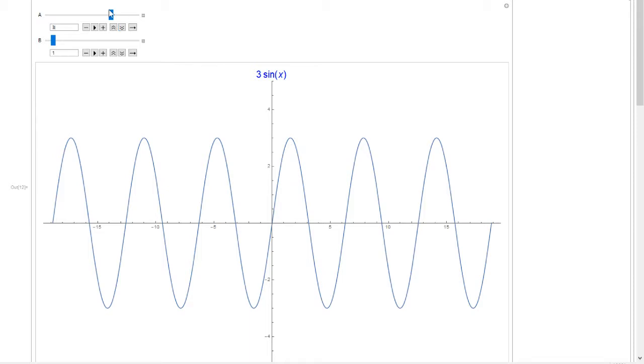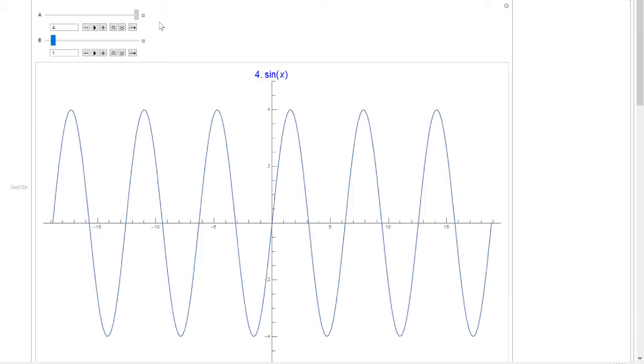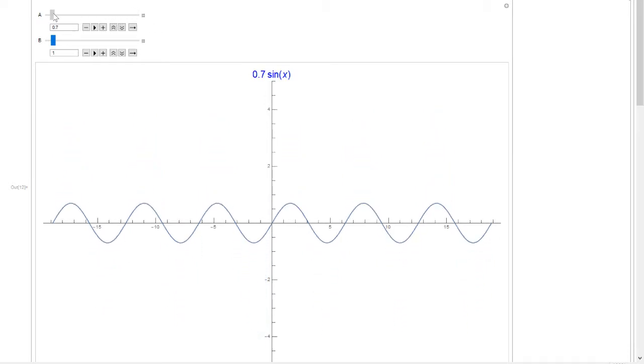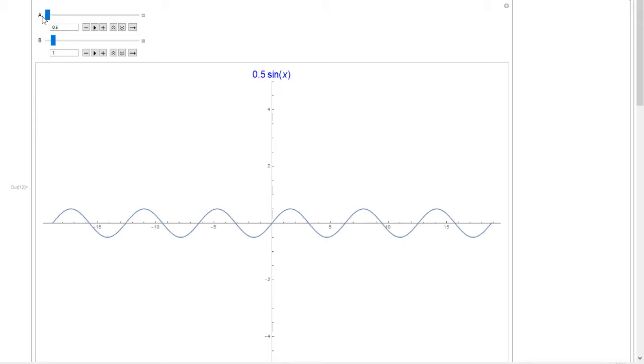So that's what's happening with the amplitude. I can go all the way up, and I stopped this one at 4, but on the other side of things, if I go all the way down to say 0.5, notice I'm only at 1/2 is how high our wave is getting. So those are the main ideas when it comes to amplitude.